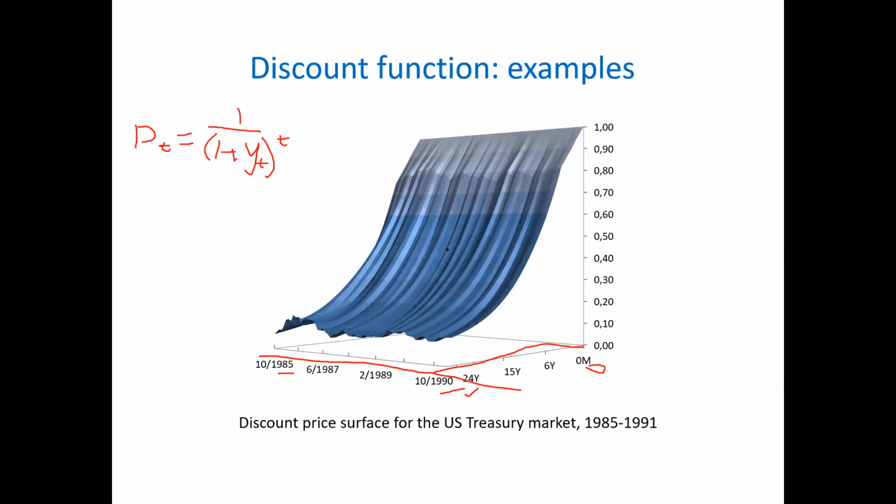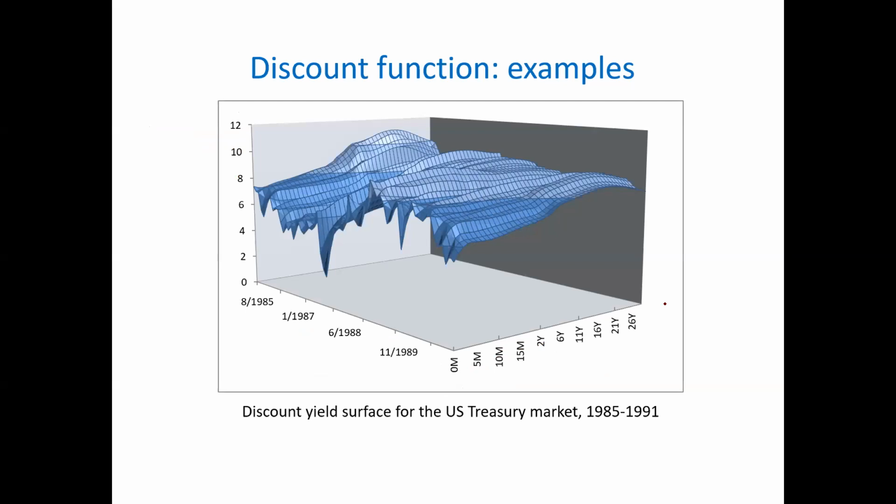And then we get a set of discount yields, also a kind of surface of discount yields, just like we have a surface of discount functions. That's what I did, and let's see how the surface of discount yields looks. So this is our surface of discount function, and the other side of the coin is the surface of discount yields.